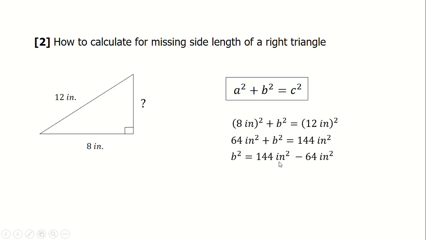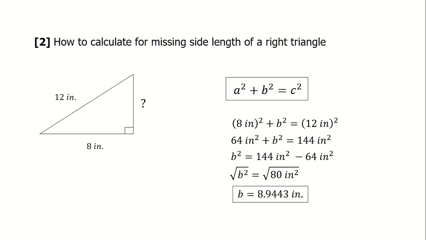So that's going to become 144 minus 64. Thus, the difference between them is 80. So again, you will have to put them in a square root. The square root of 80 is 8.9443 inches. So in order to be uniform, please report your answers with 4 decimal places for the sake of accuracy.